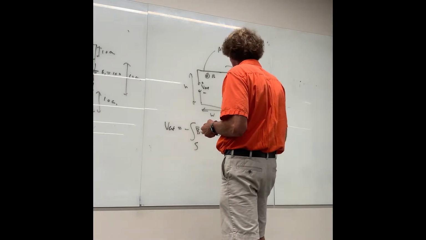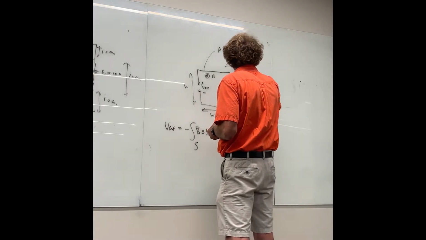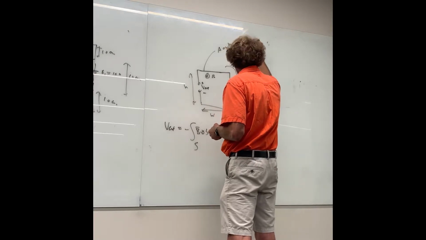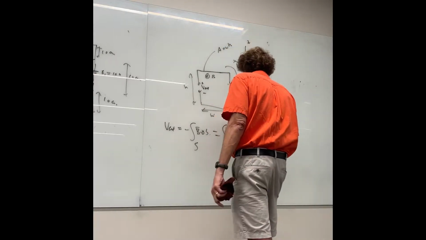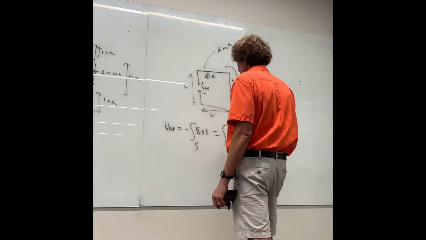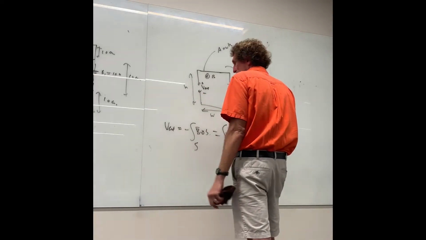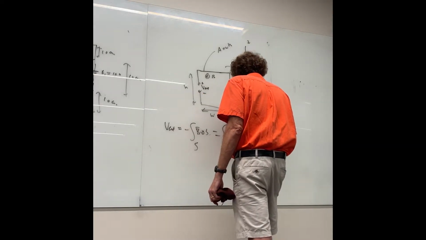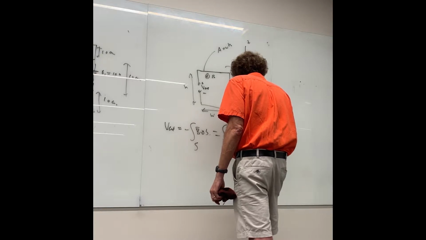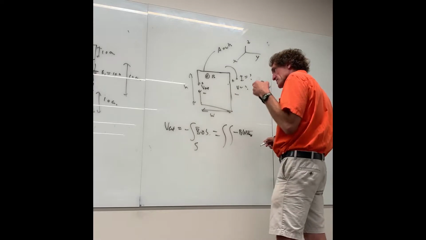Since the B field is a constant, I'll put it down. The B field is into the board, and I'll give this some dimensions, call this X, Y, and Z. So the B field is actually into the board, which is going to be minus, and I can just leave it B of t, in the a_x direction. That's the B field going into the board.